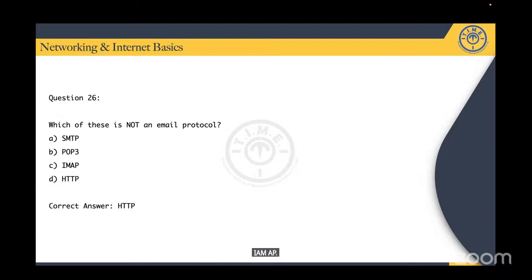What is HTTP? It is used for web browsing, not emailing, right? And what is SMTP? SMTP means sending mails. POP3 means receiving mails. IMAP again receives emails, server-based. HTTP is mainly used for web browsing.